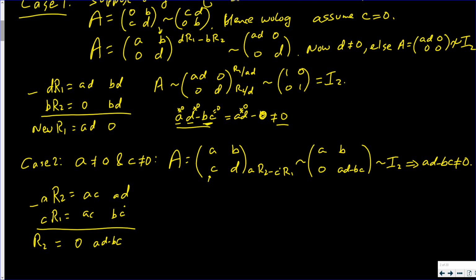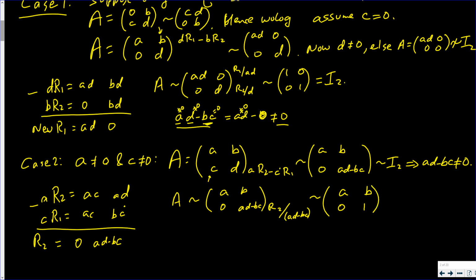But let's be careful that that doesn't get contradicted in a moment. So what I can do is say that A is row equivalent to what I already have, and then I'll divide row 2 by AD minus BC, and this gives us AB, 0, 1.